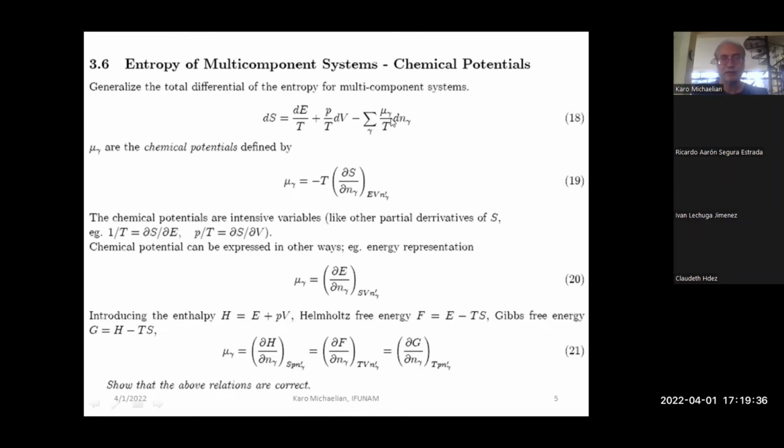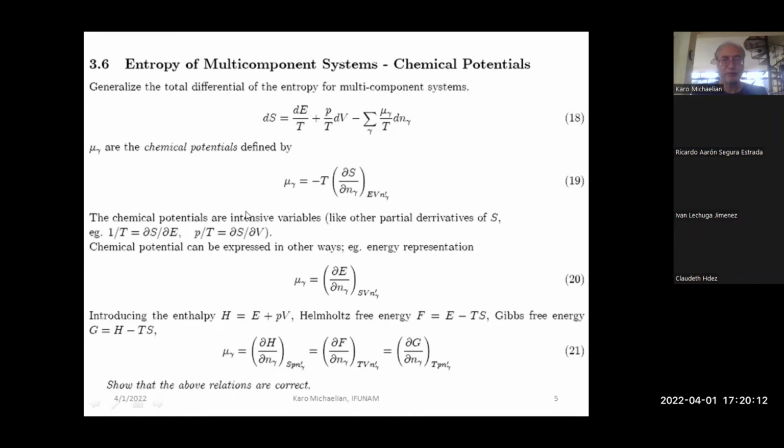So this again is just the Gibbs equation, but for a multi-component system, where these mu are defined as the chemical potentials. From this expansion, mu is equal to minus T times partial S with respect to partial N gamma, at constant energy and volume, and all other mole numbers held constant. That's what the prime on N gamma means: all the other mole numbers are held constant, and we're only varying the number of moles of substance gamma in the system.